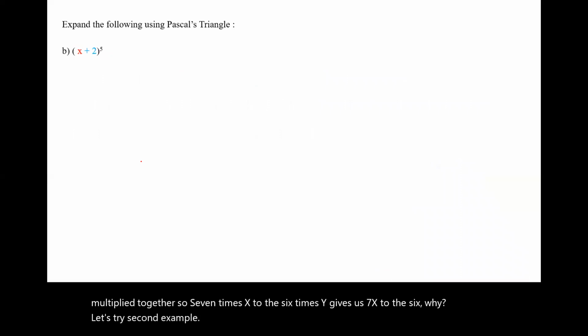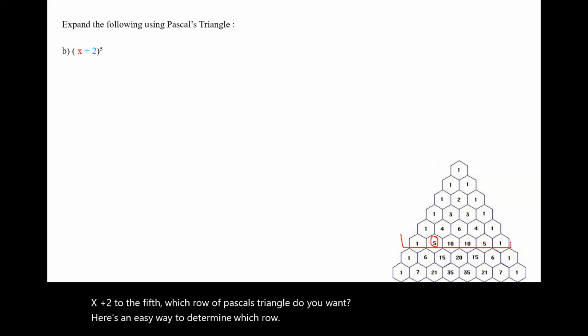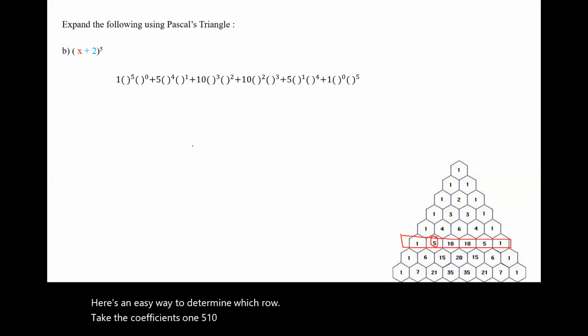X plus 2 to the 5th. Which row of Pascal's triangle do you want? Here's an easy way to determine which row. So we'll take the coefficients 1, 5, 10, 10, 5, 1. Those are our coefficients. Put 2 brackets beside them and make sure your exponents are correct.